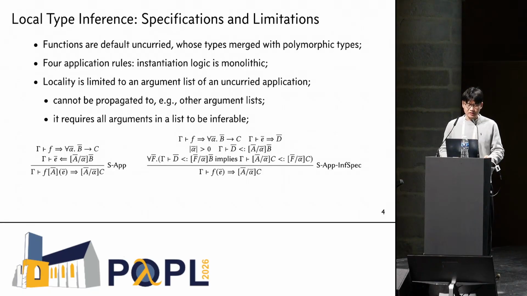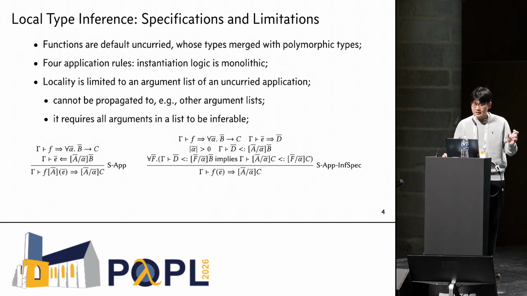To my view, local type inference is very successful, but there are still some places where we can make it even better. As you can see, below are the two function application rules for local type inference. The first deals with function application with explicit type argument. The second deals with implicit polymorphism.